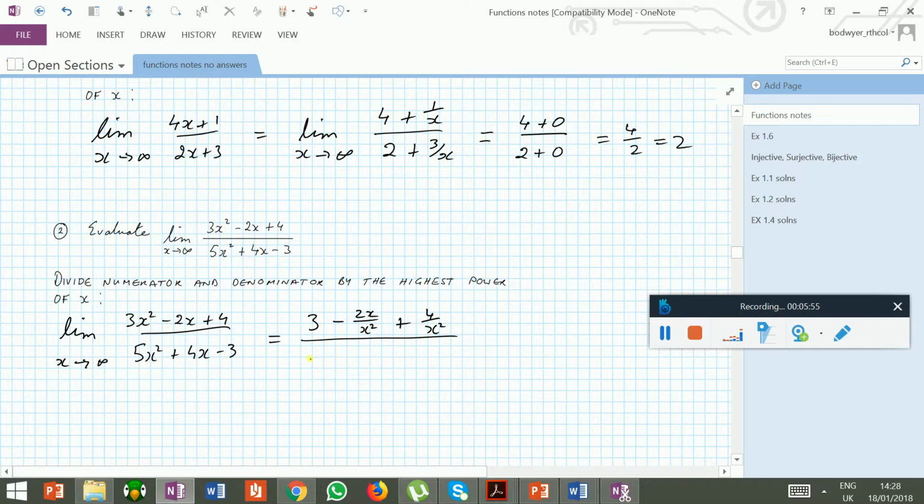Divide this by x squared, you get a 5, minus 4x over x squared, minus 3 over x squared. Then that's equal to, sorry, I need a limit sign here.